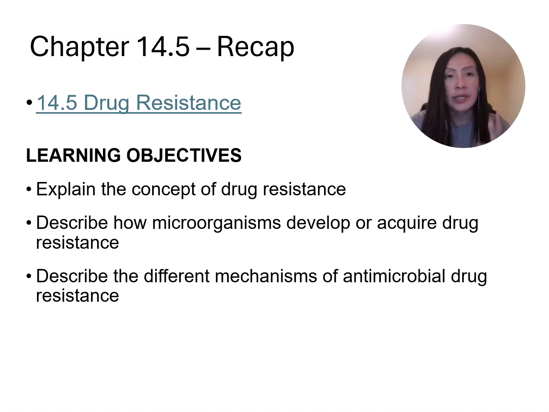We also have our second method, which is horizontal gene transfer, where resistance genes are found on plasmids or maybe those jumping genes called transposons, and they can move between bacteria through conjugation, transformation, or transduction. For the third one, describe the different mechanisms of antimicrobial drug resistance. Let's do this in the next slide.